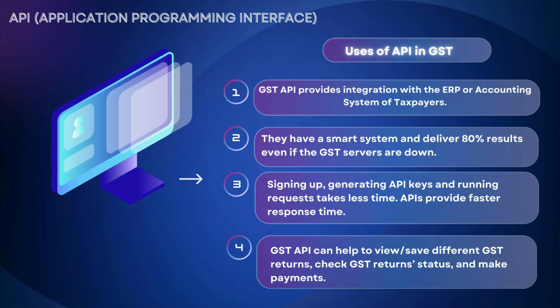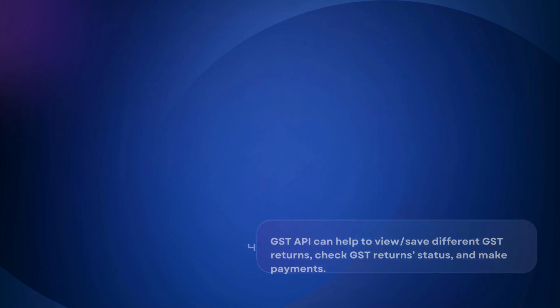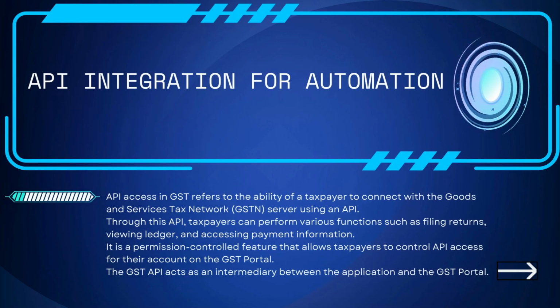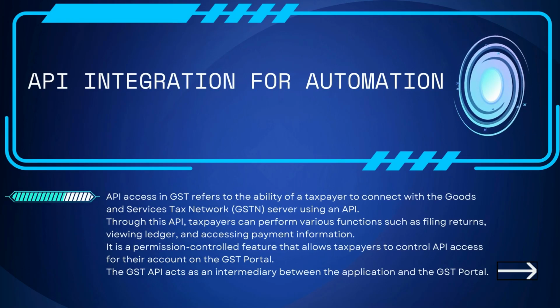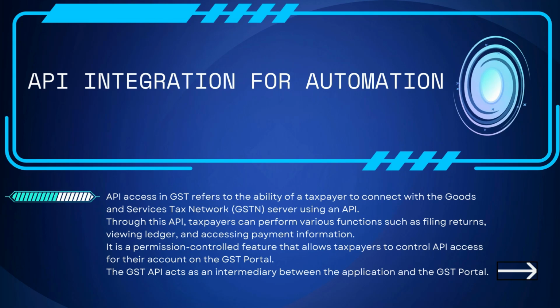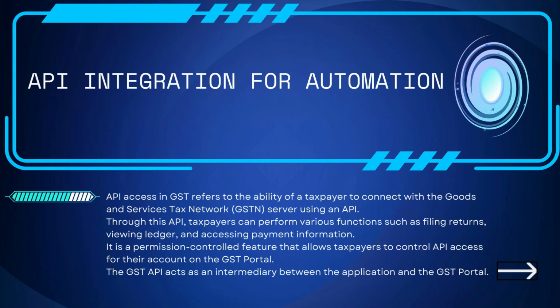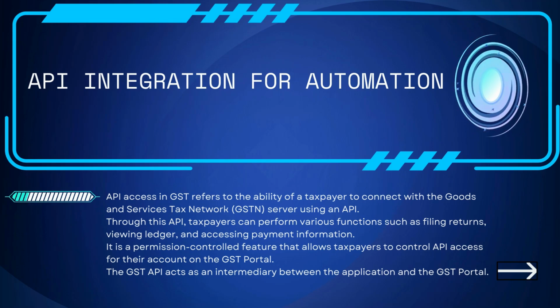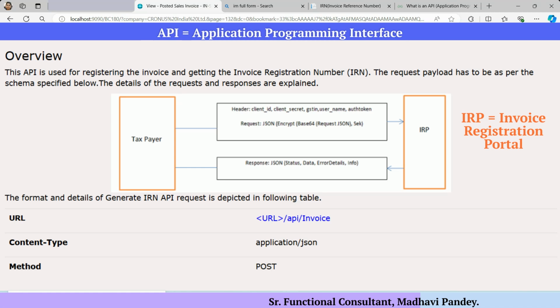If you are a registered dealer and want to upload your e-invoicing directly into the government portal, you need an API solution. You need a customized solution provided by technical persons. You need a developer who has expertise in API. They can customize your solution, and then you can connect your Business Central system to the government system, the GST portal.